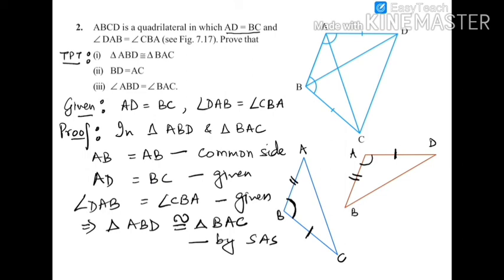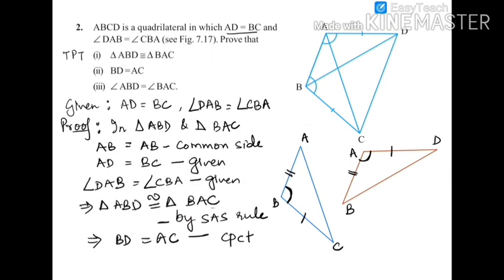Now look at the second part. BD equal to AC. BD and AC are the corresponding sides of these two congruent triangles. So we can directly write this implies BD equal to AC by CPCT, corresponding parts of congruent triangles. Now look at the third part that we have to prove. Locate these angles in the two triangles.